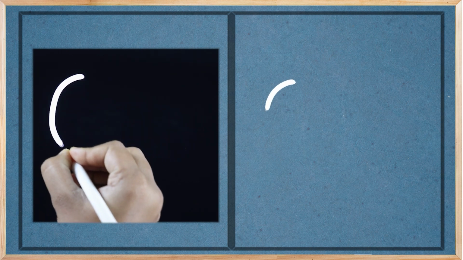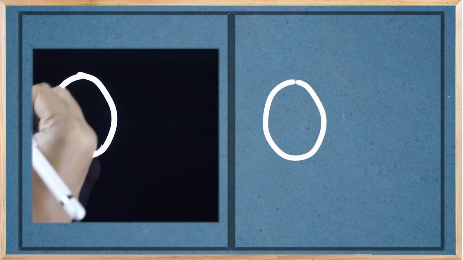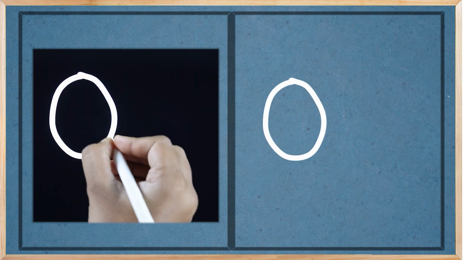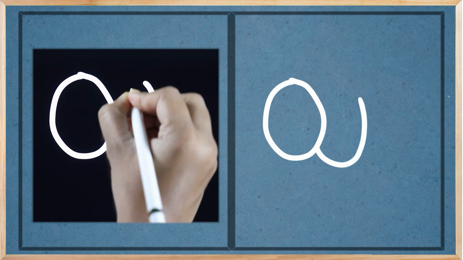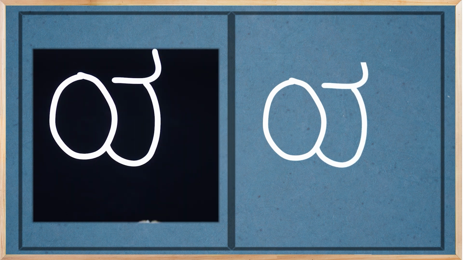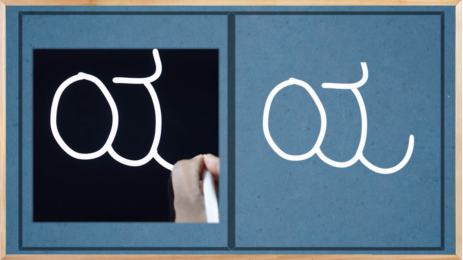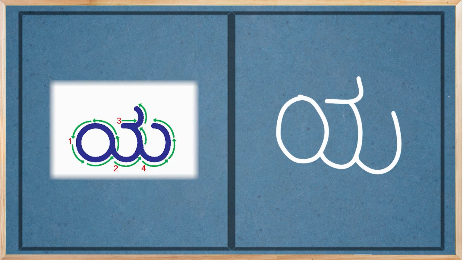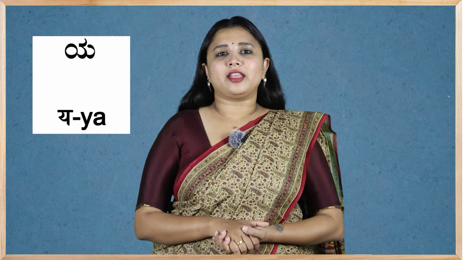To create this letter, write a circle, add a semicircle to the Talekattu on the right side, then add another semicircle on the right side following the arrows. This letter corresponds to the sound Ya in Devanagari.